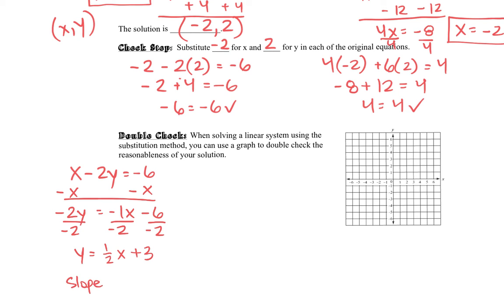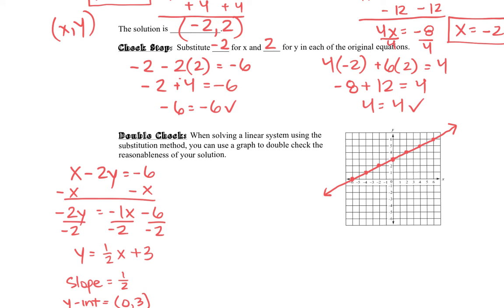So I know my slope is 1/2. And my y-intercept is 0, 3. So I can put 0, 3 and go up 1 over 2, or down and left. So there's my first line.